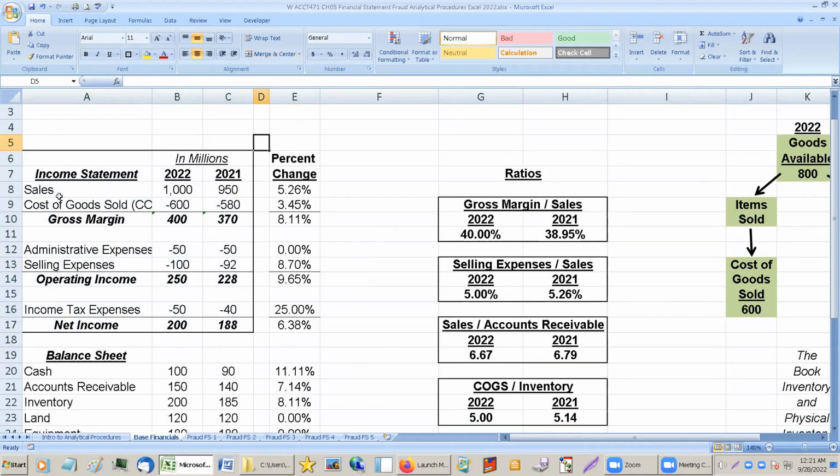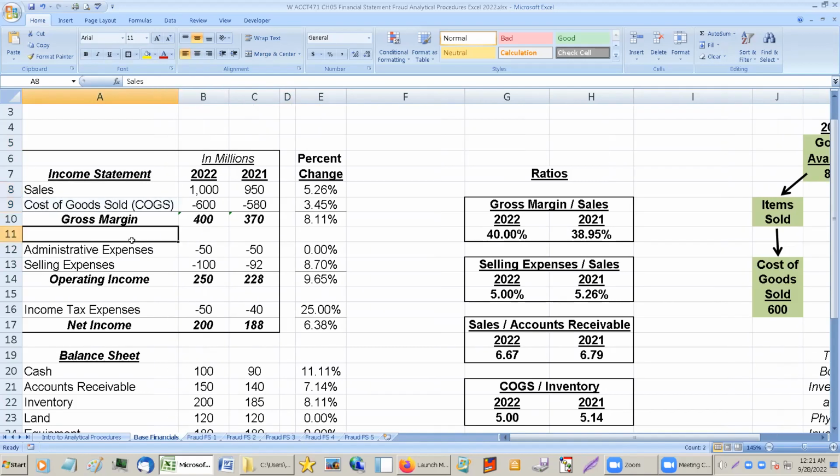We have our sales, our cost of goods sold, and that gives us our gross margin. Take out the expenses, income tax, and then we have our net income. Well, this is the same kind of financial statement you have seen anywhere else.